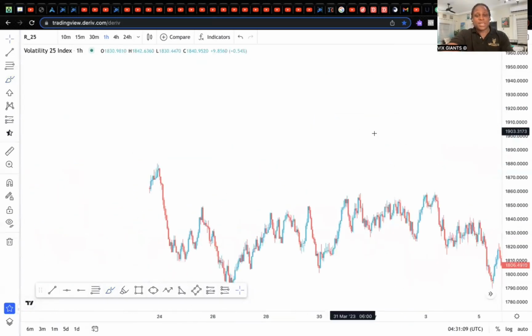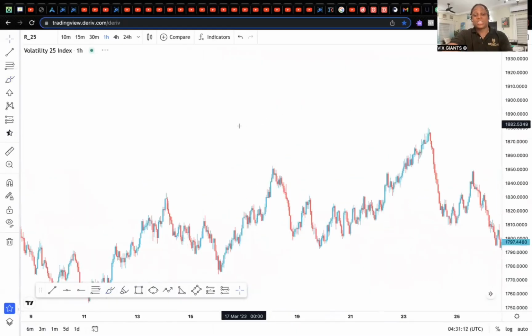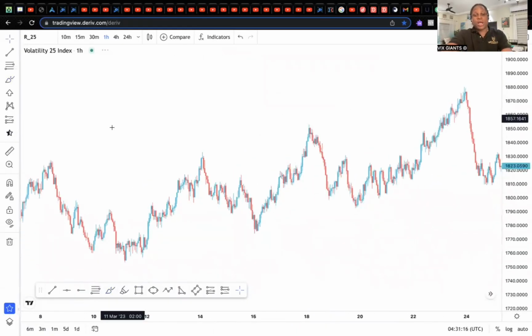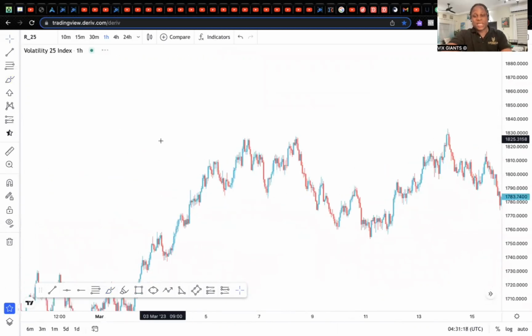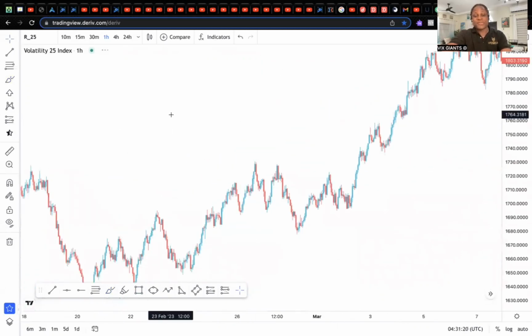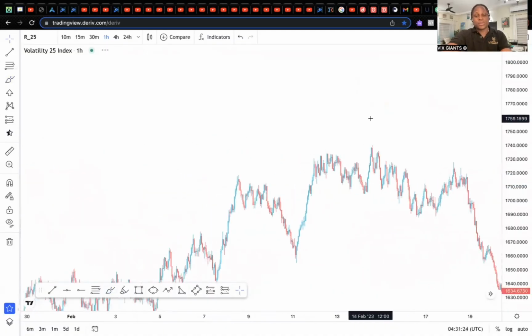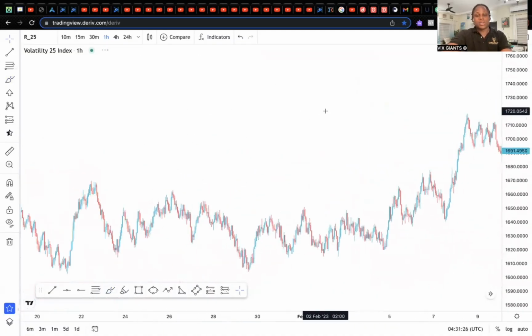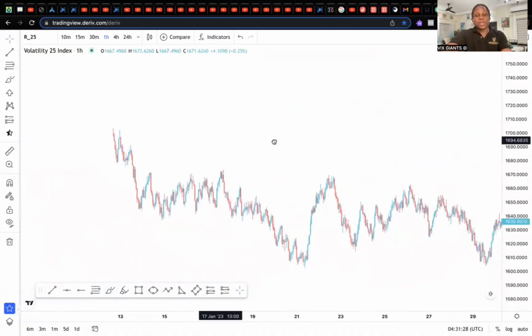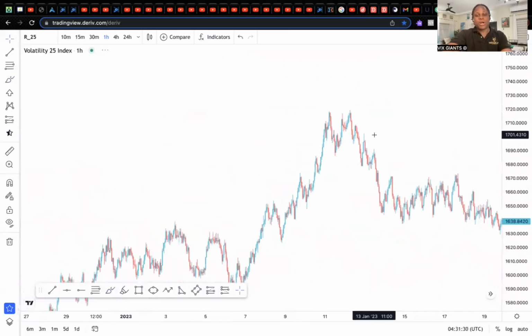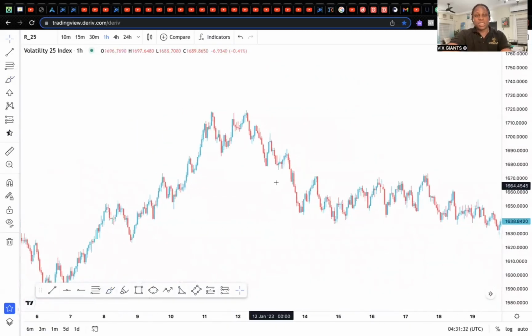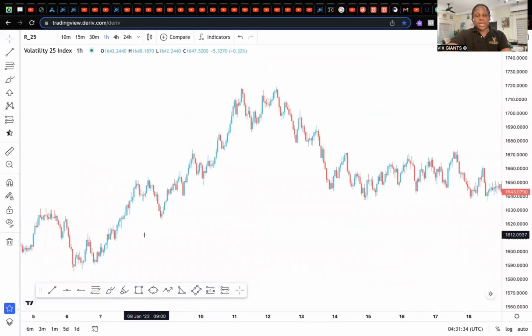So guys, like I said, if the market is changing from an uptrend into a downtrend, a break of structure must take place. Where do we look for a break of structure? When the market takes out a low. When the market takes out a low, that's when we look for a change in market trend to the downside.